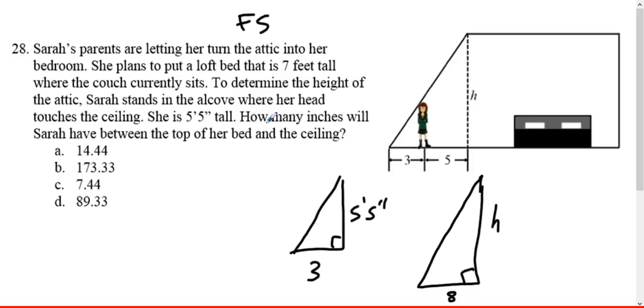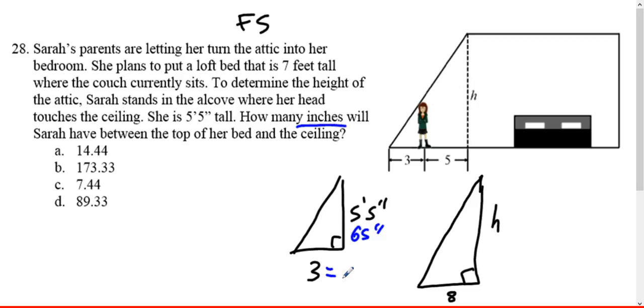Now the question says, how many inches will Sarah have between the top of her bed and the ceiling? So I would change this 5 feet 5 inches to just inches, which would be 5 feet is 60 inches plus 5 more makes 65 inches.